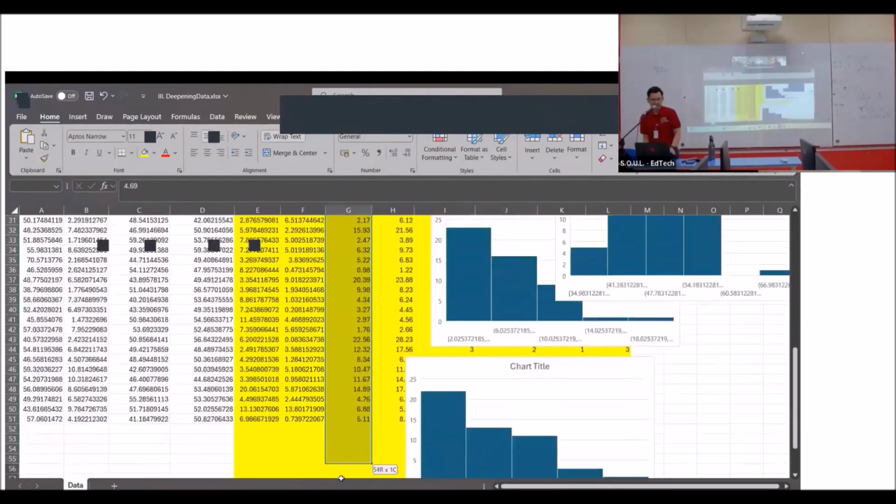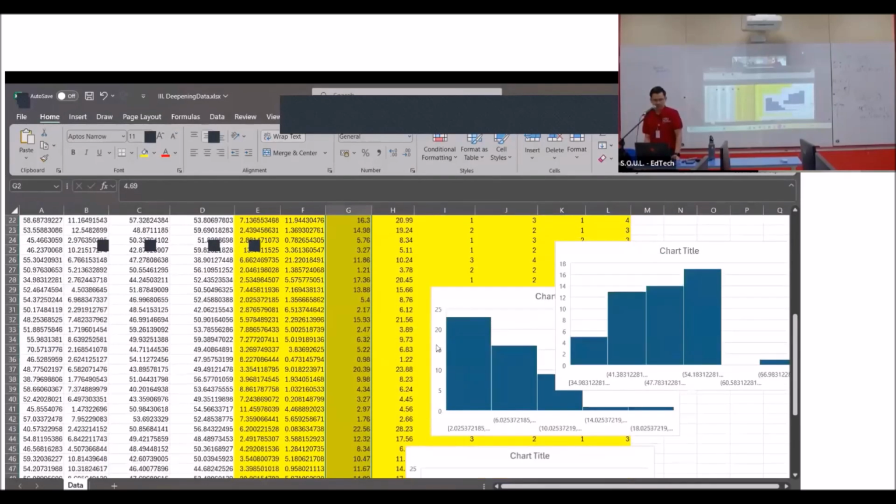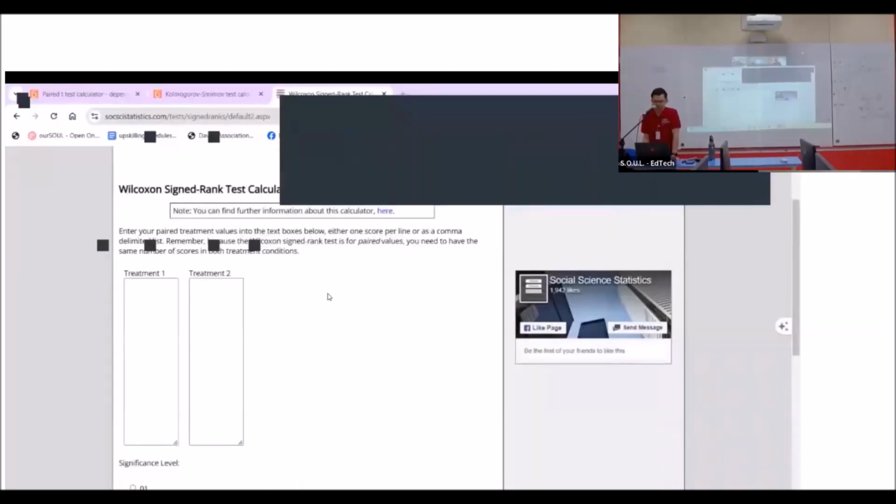I will select this one and let me check here. I will paste it outside the statistic. These are the direct links so that you won't have to find them anymore. Then I'll work with class F, the class F pre-test and class F post-test.